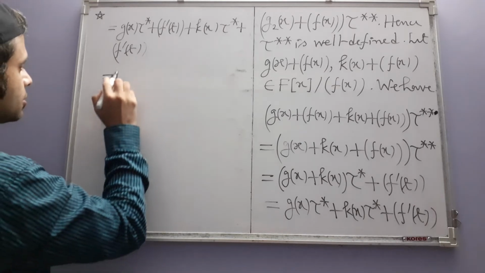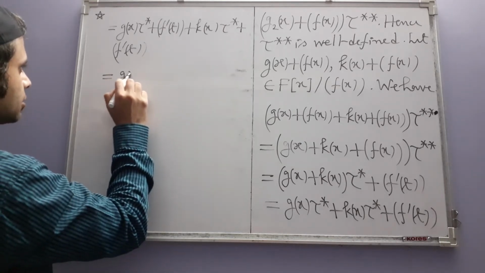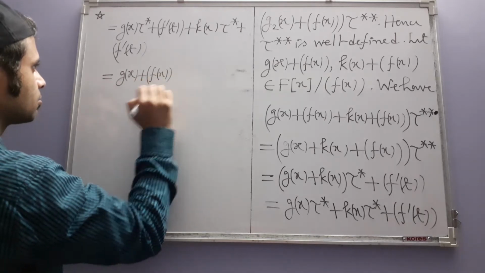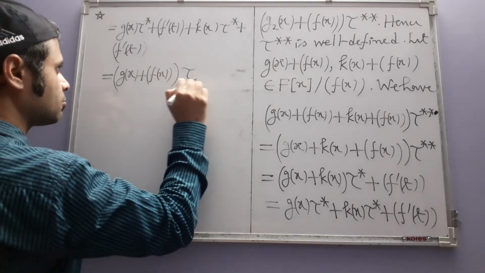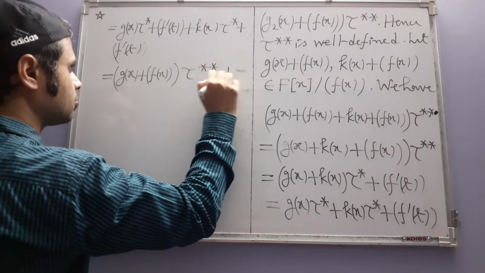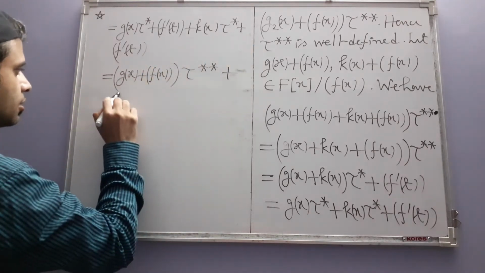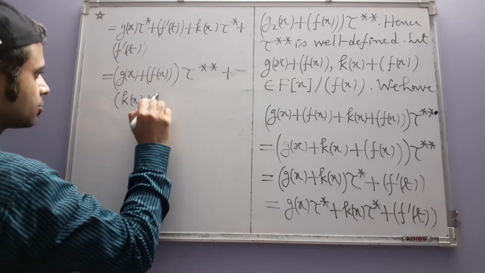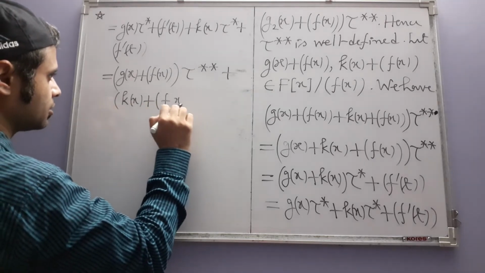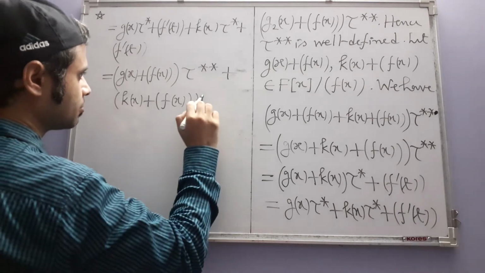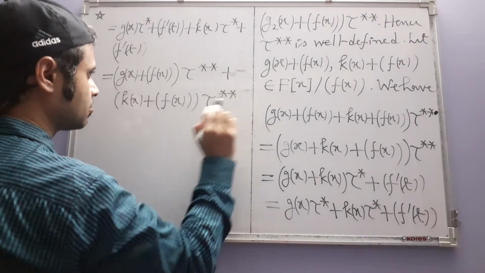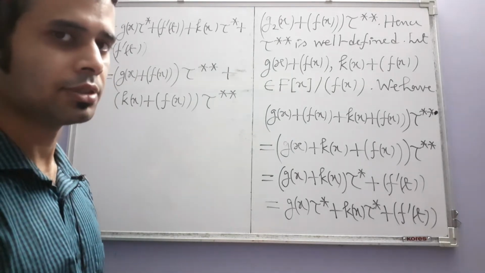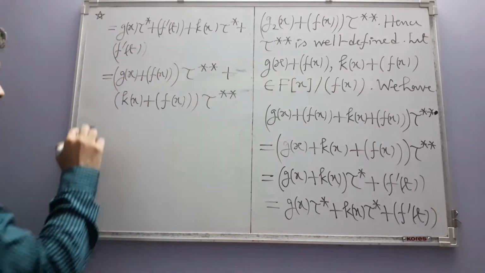But the first coset is just the tau star star image of this, and this coset is the tau star star image of this. So tau star star, let's just call it tau double star, respects addition.